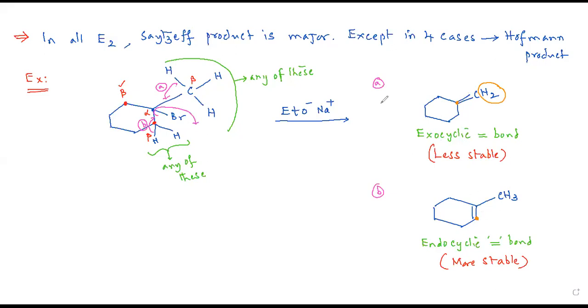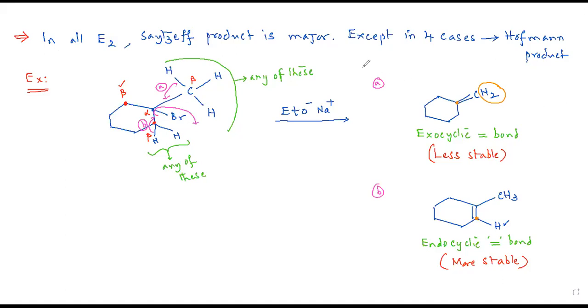Here, there is only one hydrogen left unsubstituted, and that is this hydrogen. In the first one, there are two hydrogens left unsubstituted, whereas in the second one, there is only one hydrogen left unsubstituted.